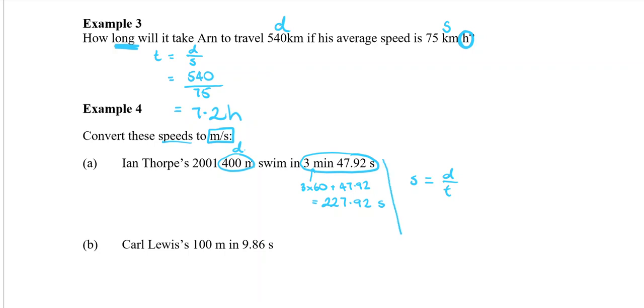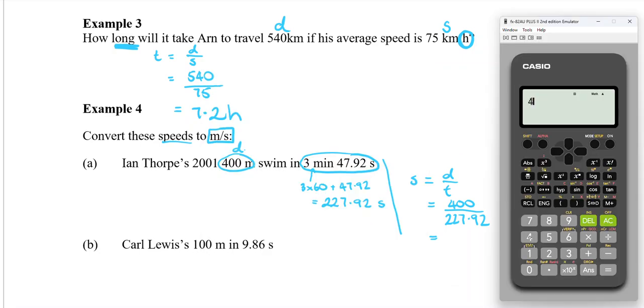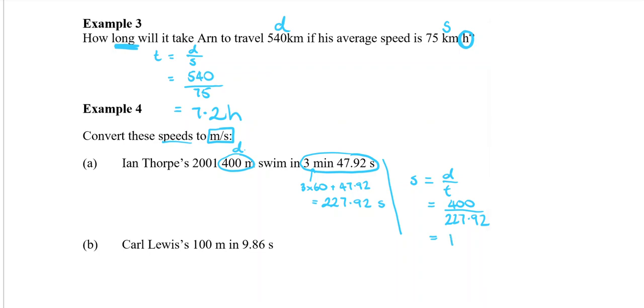So into our formula, the distance was 400 metres and the time in seconds was 227.92. Dividing those, we get 1.755. Let's just leave it at that. 1.755, and that would be in metres per second.